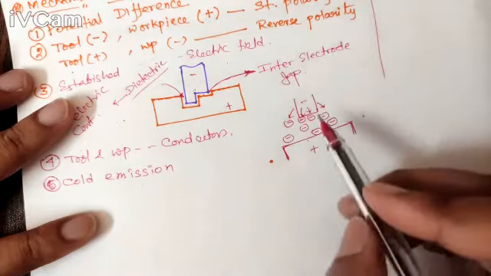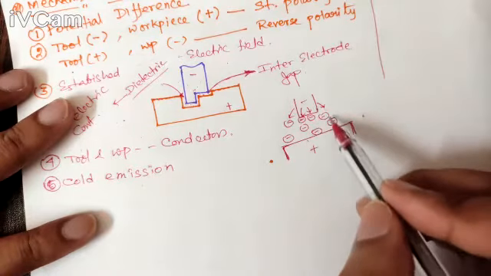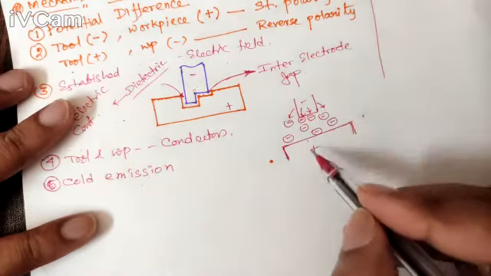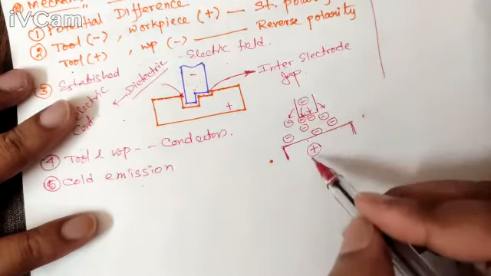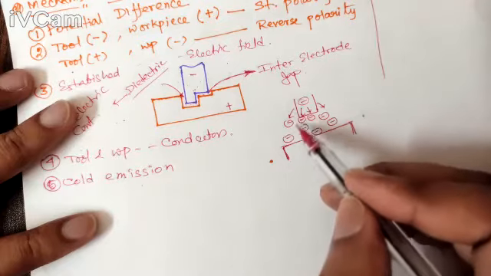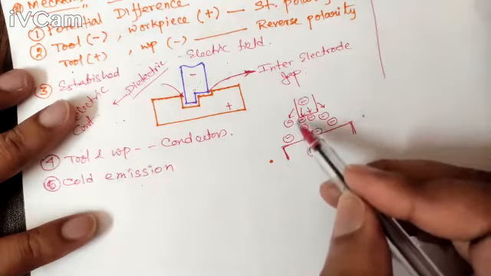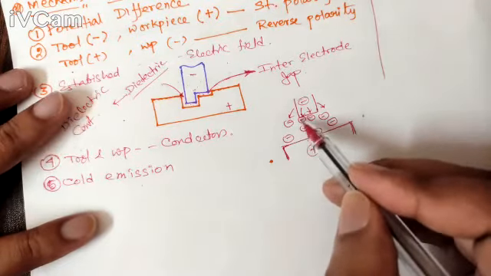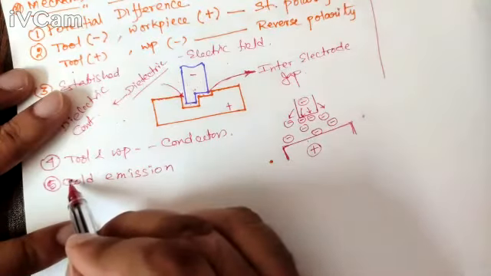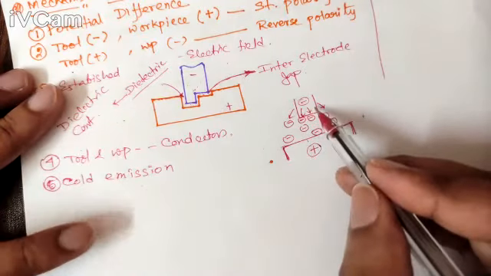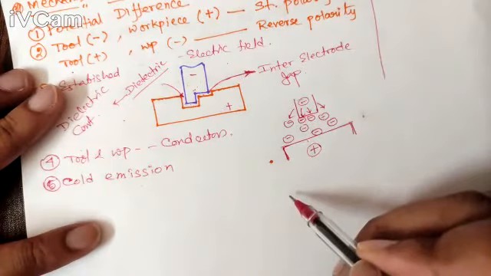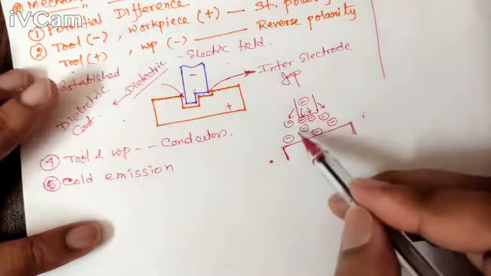From different sides, as the positive workpiece attracts these electrons, they will start flowing in this direction, or get emitted. That emission is called cold emission, because in this case we are not at all heating the tool, and automatically electrons are coming out.